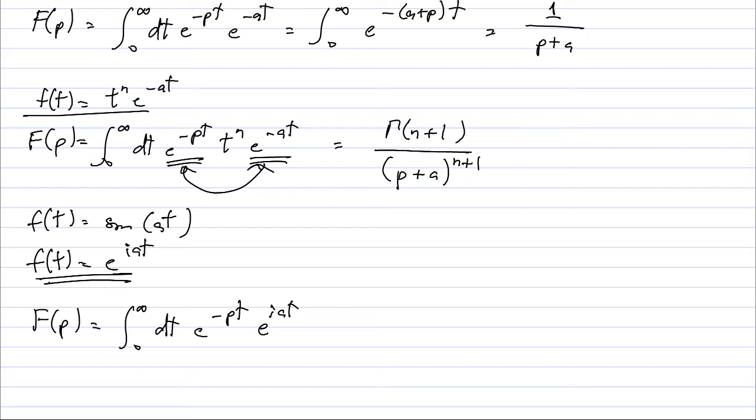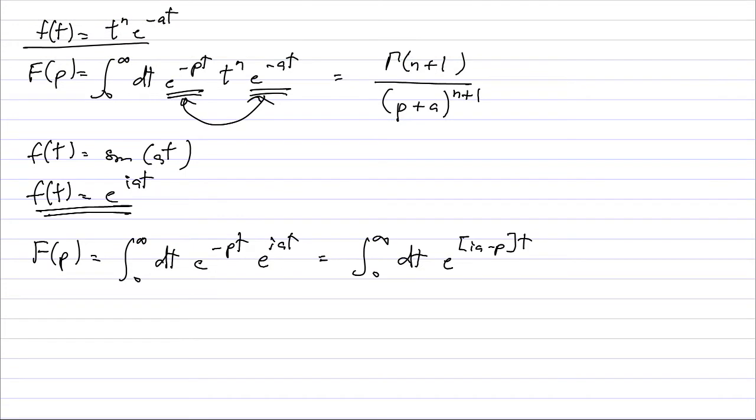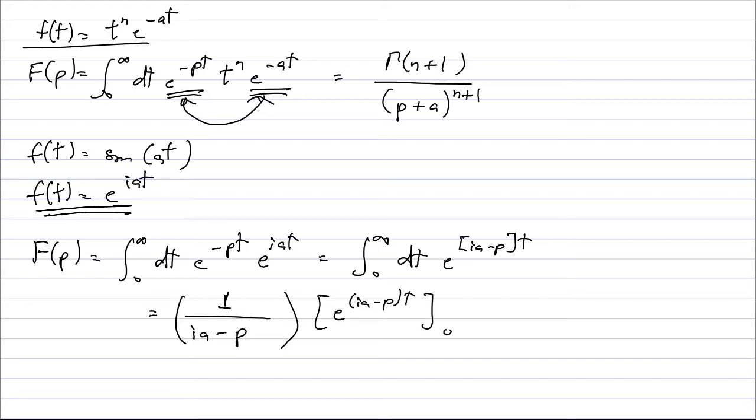Okay, this is a very easy integral to do because you can combine the two exponentials. So I'm going to get 1 over ia minus p, and then I have e raised to power (ia minus p)t from 0 to infinity.